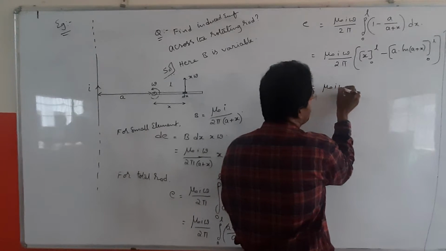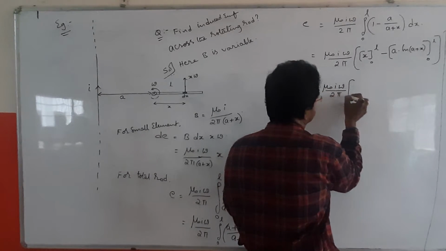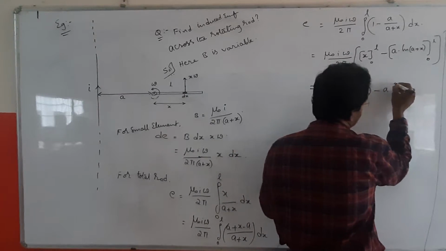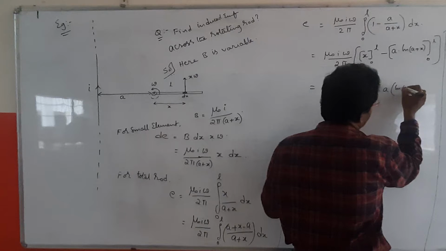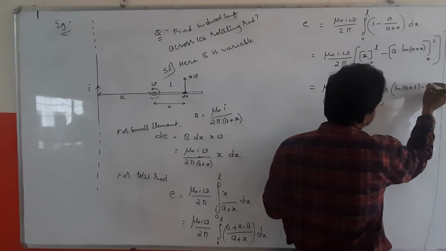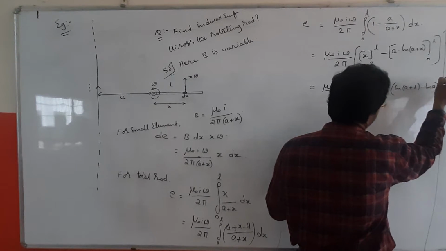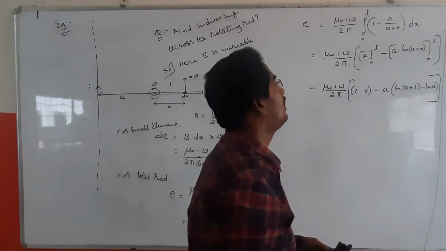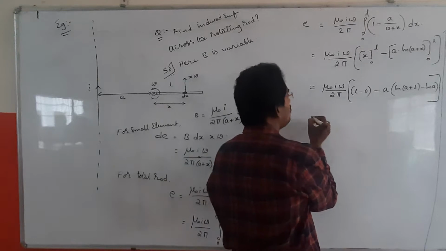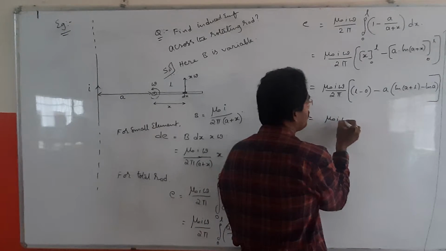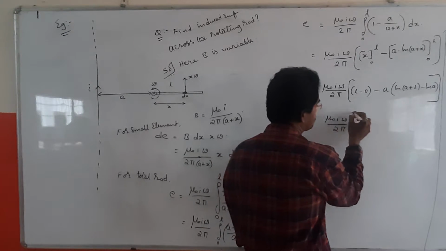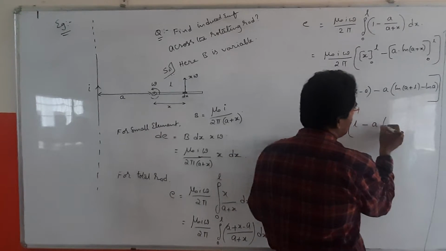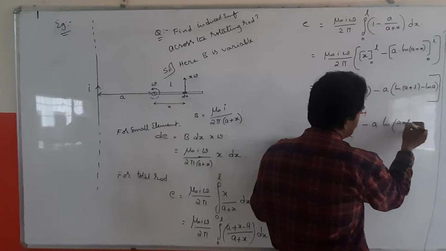So what we will get here: μ₀Iω/2π [L − 0 − a(ln(a+L) − ln a)]. So we are getting finally μ₀Iω/2π [L − a ln((a+L)/a)].